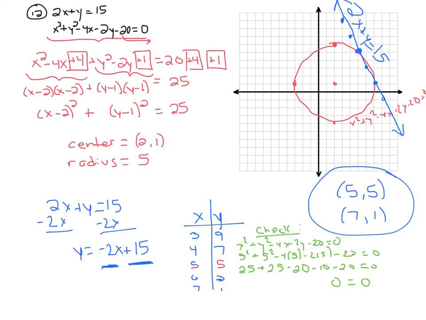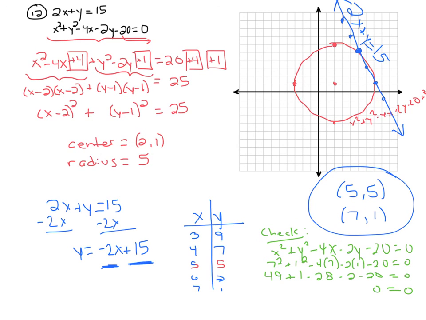So this coordinate checks in the second equation as well. And let me just check 7, 1 in the same equation. Here you could see I substituted in the 7 for the x's and the 1 for the y, and I, again, got 0 on the left-hand side of the equation, so it checks with the 0 on the right-hand side. So 5, 5 and 7, 1, these are the 2 points of intersection.